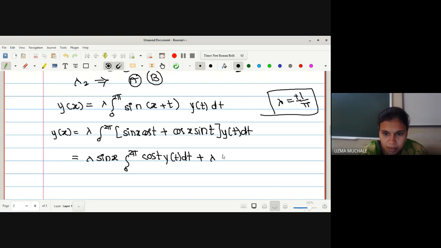Correct? Plus lambda integration. Before integration, we have to take the terms of x outside. This is with cos x integration 0 to 2 pi sin t y of t dt.